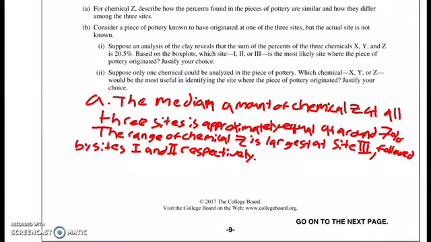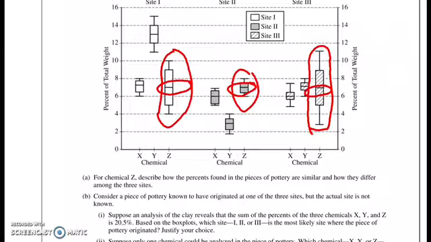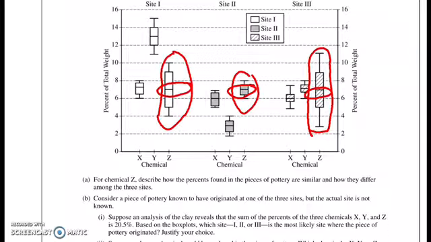And moving on to the last part of the problem, we wanted to describe the shape of all the distributions. As we can see, they do appear to be symmetric, but because they are box plots, we don't necessarily want to make this generalization. So instead, we can just mention that none of the distributions of chemical Z have any outliers.